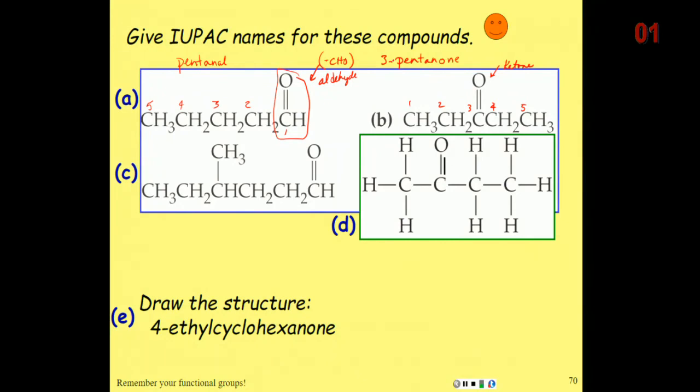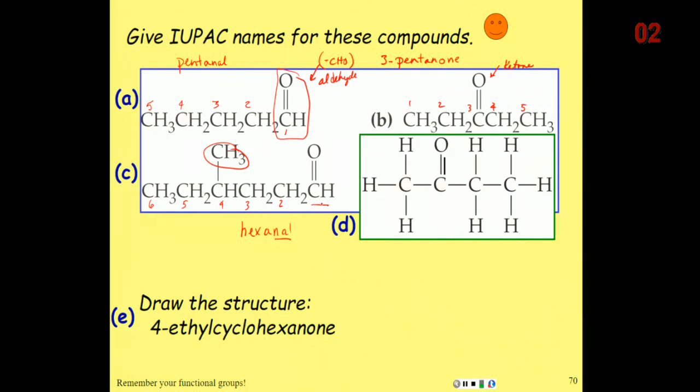Compound C. Longest chain is the usual game. So start with the carbon that has the carbonyl. Whoops, sorry. 2, 3, 4, 5, 6. And on carbon 4, we have an extra group to name. It's the methyl group. So if there's 6 carbons, the root name is called hex, like hexane, except for now, instead of hexane, it's hexanal, because it's an aldehyde.